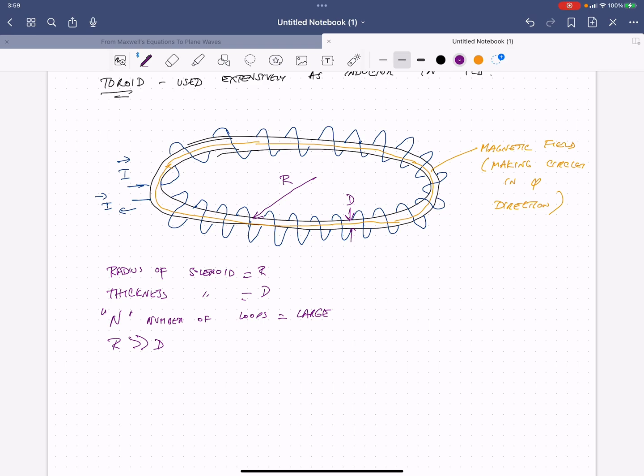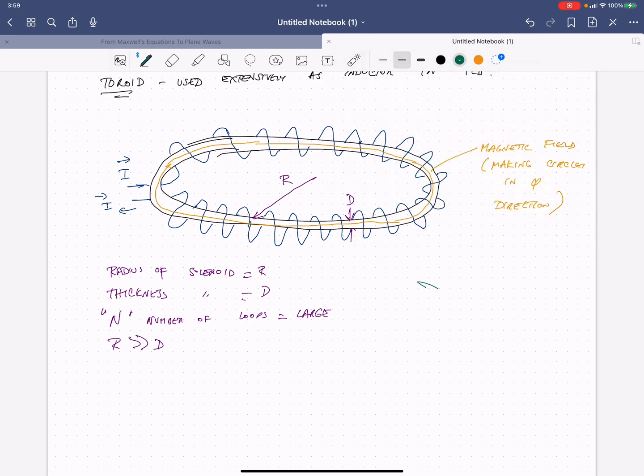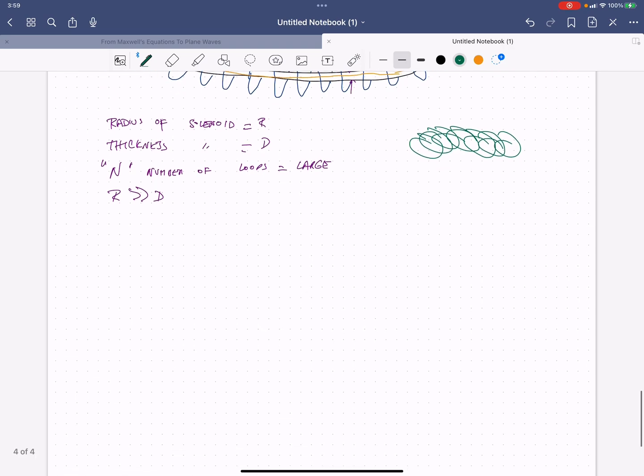If we define the number of loops as being large, you can imagine I've got a bunch of current loops going around the solenoid.